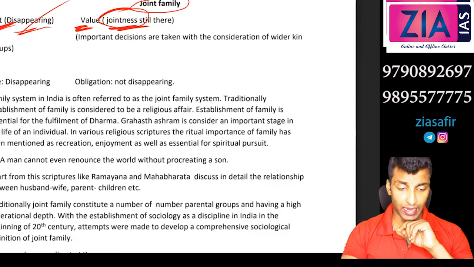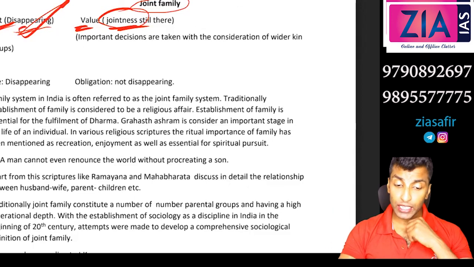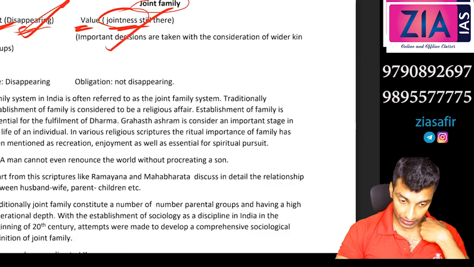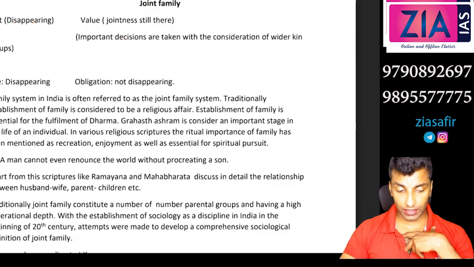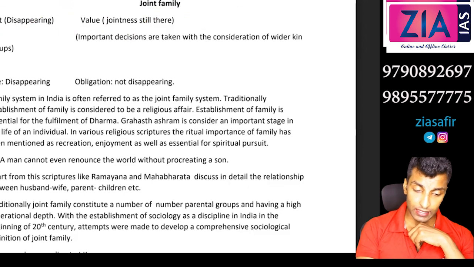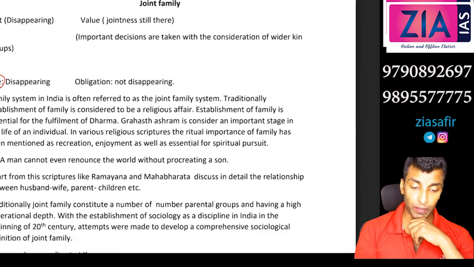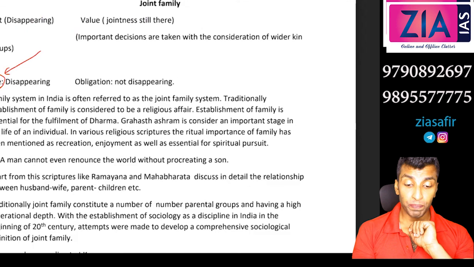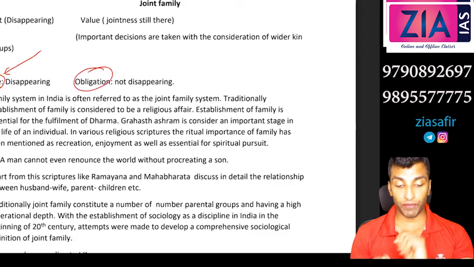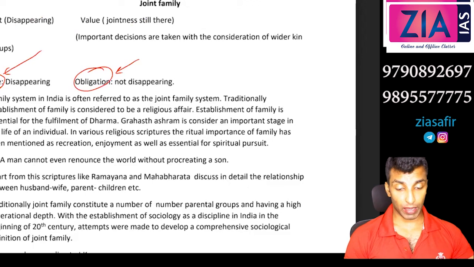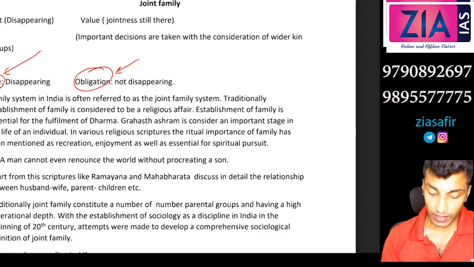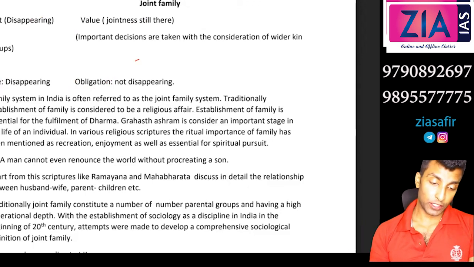Structurally joint family is rare, it is disappearing, but functionally joint family is what you can see more. So jointness is very important. Okay, so this is what the entire discussion is all about. The size is disappearing if you understand joint family in terms of size, but the obligation is not disappearing. We are still having that obligation with the kin members. Okay, so now let's discuss joint family.